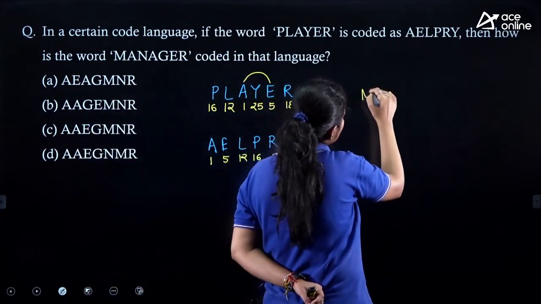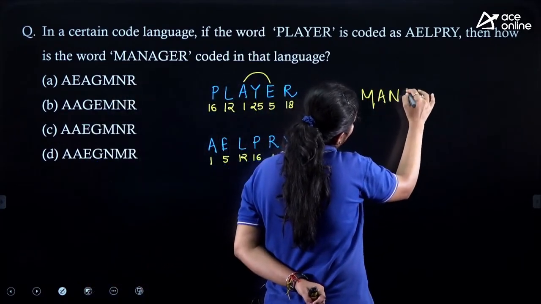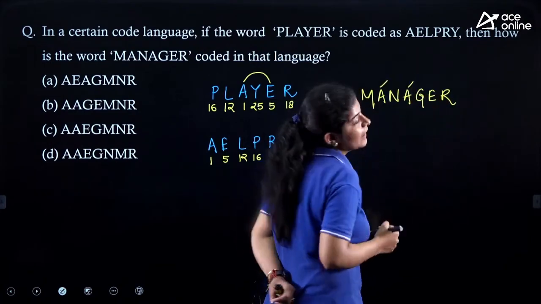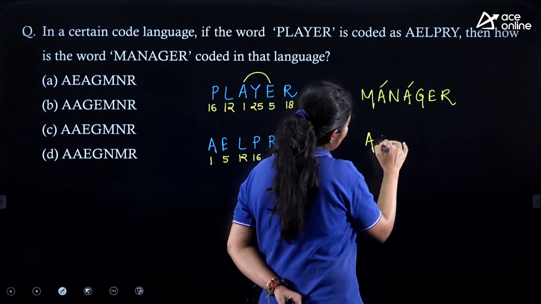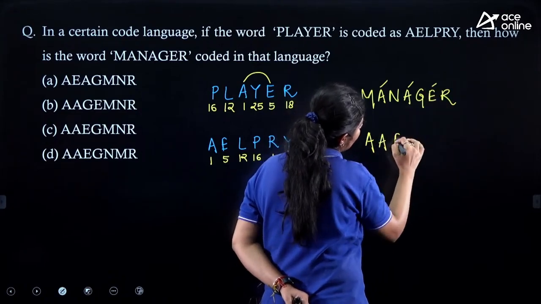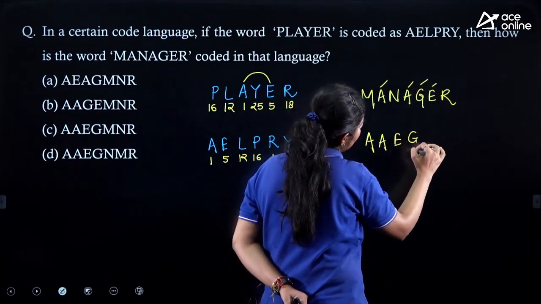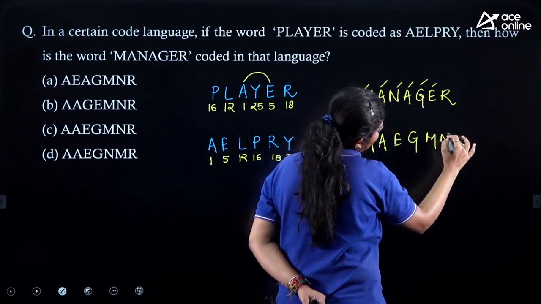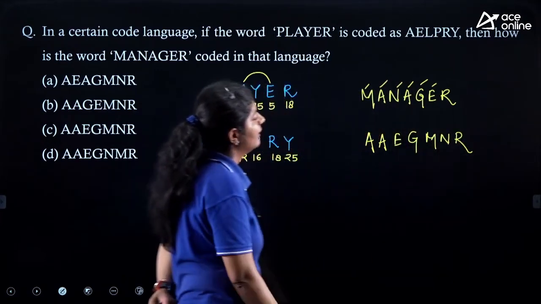So here the spelling is M-A-N-A-G-E-R. So we know that these two A's come first. So A, A, after that we are having E, then G, then M, N, and in the ending we are having R, right?